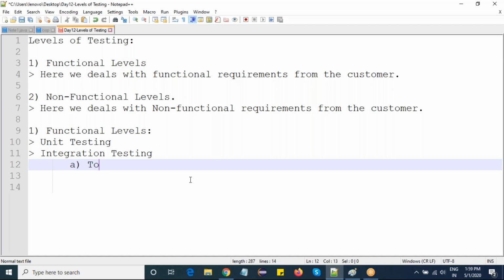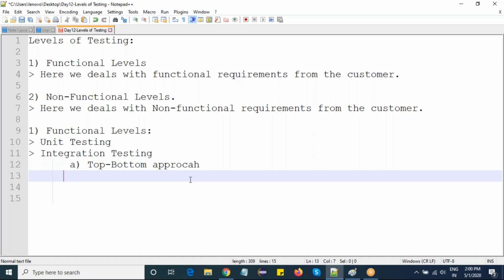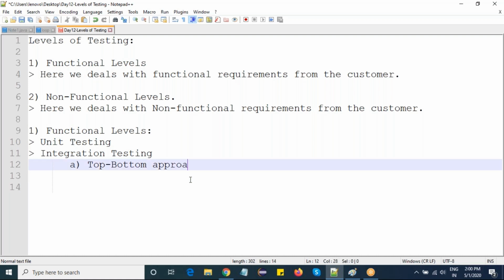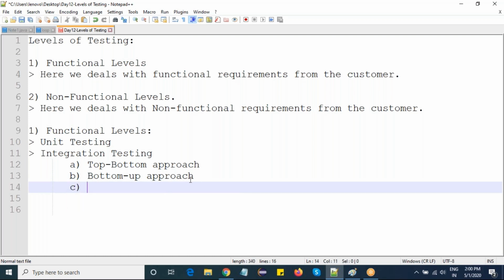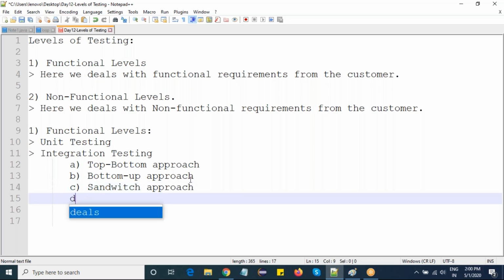The first type is top-down approach. The second one is bottom-up approach. The third one is sandwich approach. The fourth one is big bang approach.